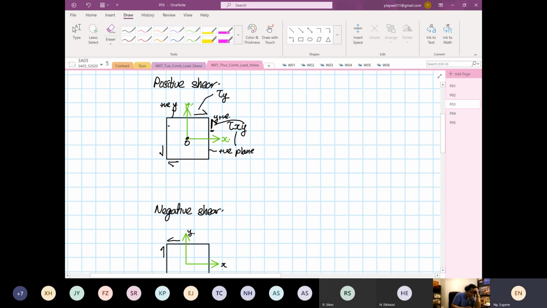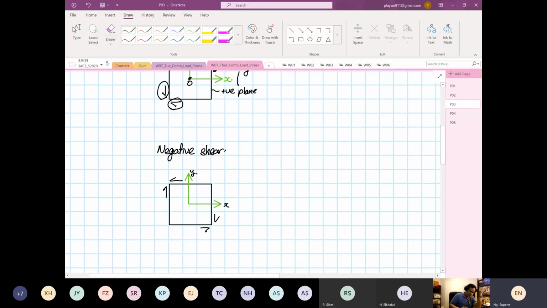And then the direction of the arrow, this direction, X, is also positive. So positive shear. Likewise over here, both are negative: negative plane and negative direction in your X, negative plane and negative direction in your Y. So negative by negative is positive. So that is why we call this positive.